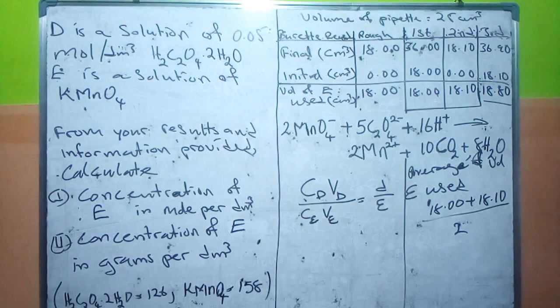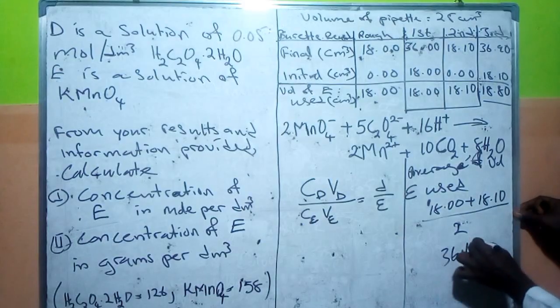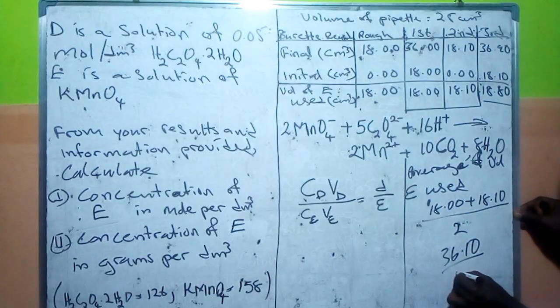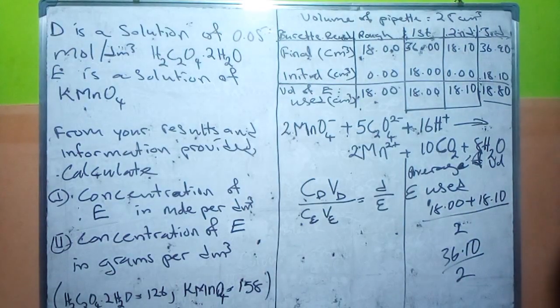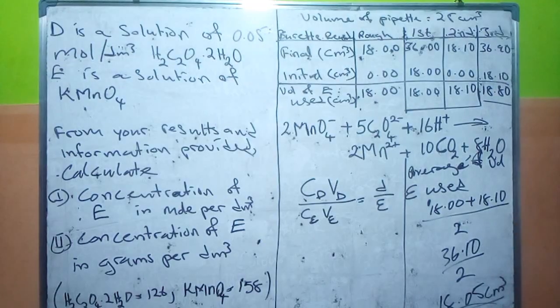We are 36 something. 18 plus 18.1 is 36.10, divided by 2. Let's see. Divide by 2. We have 18.05 cm cube. That's what we have for the average volume.